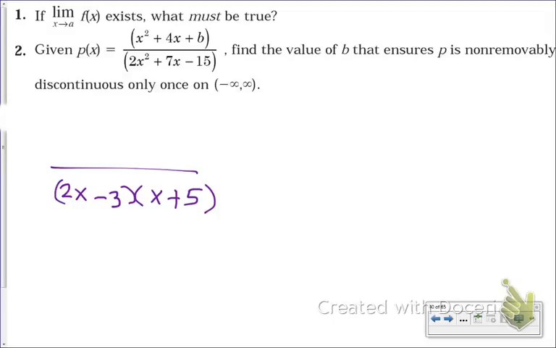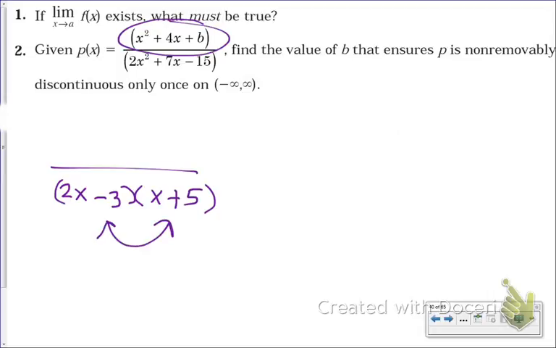So it says find the value of b that ensures that p is non-removably discontinuous only once on negative infinity to infinity. So what are the possibilities for non-removable discontinuities? A jump, which we won't have here because remember jumps only come when we have piecewise functions, or a vertical asymptote. So that means that only one of these is allowed to be a vertical asymptote, the other one has to be a hole.